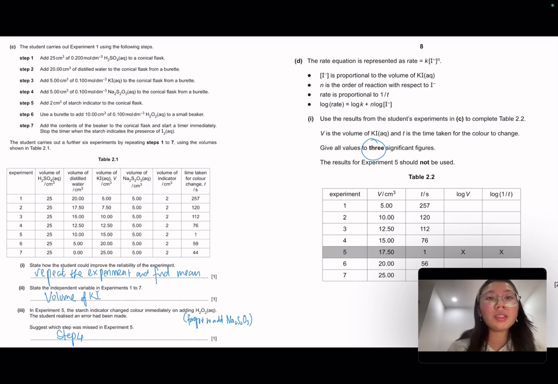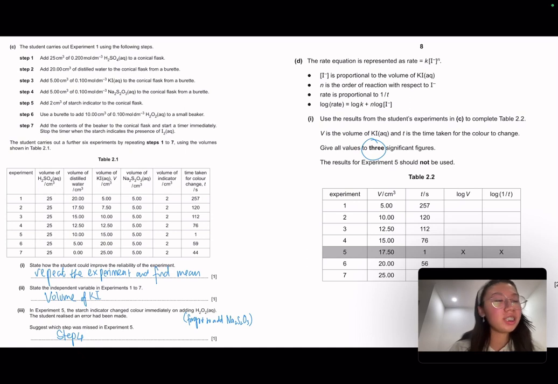Alright, add 5 cm³ of 0.1 mol of your Na2S2O3. This thing is what? It basically switches your iodine into your iodide. Alright, add 2 cm³ of starch indicator to the conical flask. Use the burette to add 10 cm³ of 0.1 mol of H2O2 to a small beaker. Add the contents of the beaker into the conical flask and start a timer immediately.